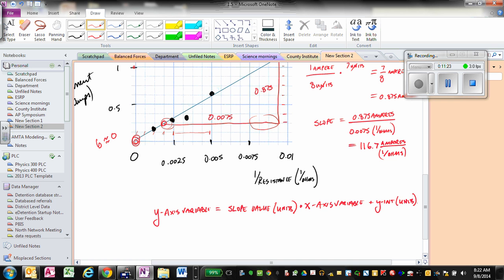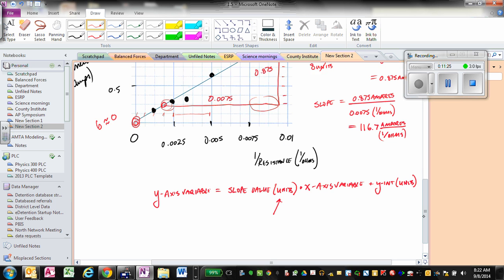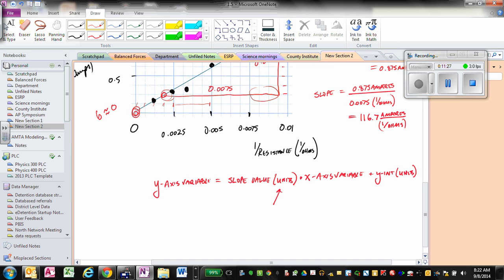Okay. The slope units and y-intercept units are always determined the same way. Slope units will be rise units over run units, or y-axis units over x-axis units. And your y-intercept units will always be the units of the y-axis.